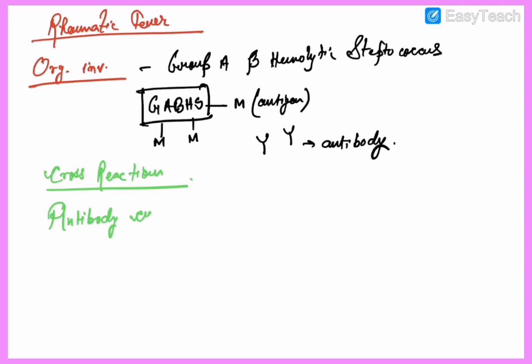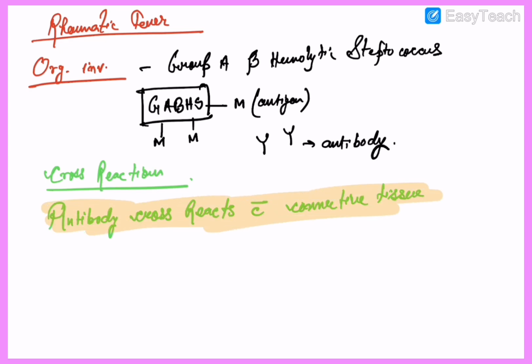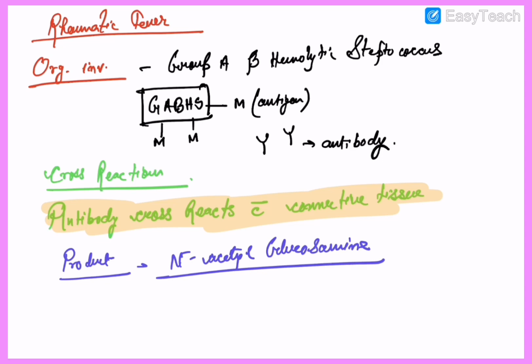In the connective tissue, the product is N-acetyl glucosamine, to which the antibody cross reacts.